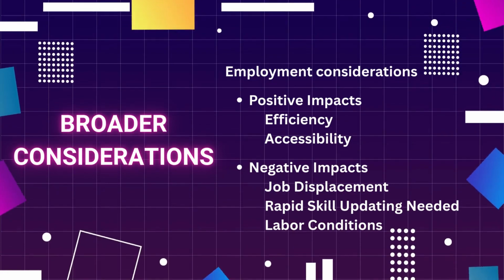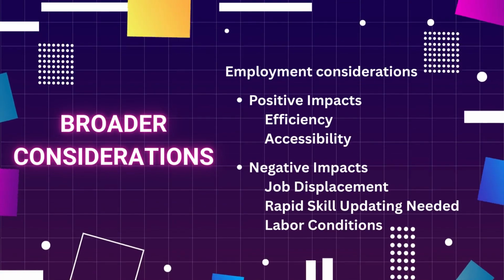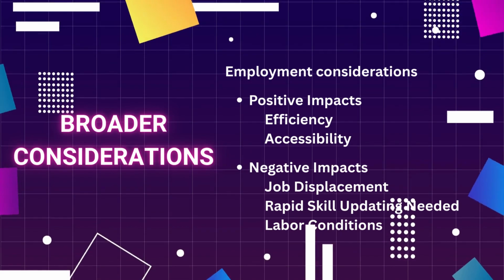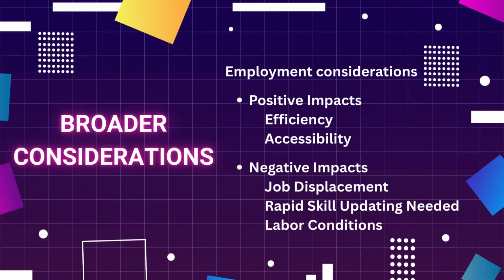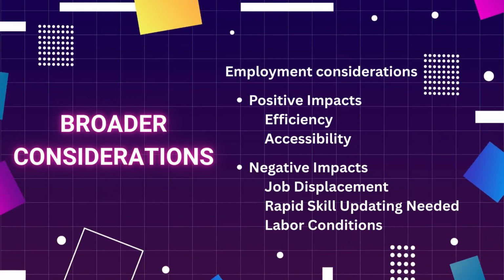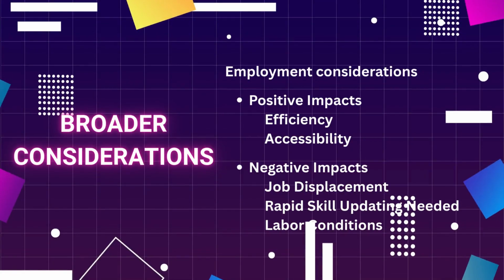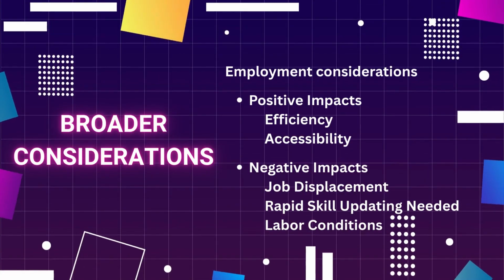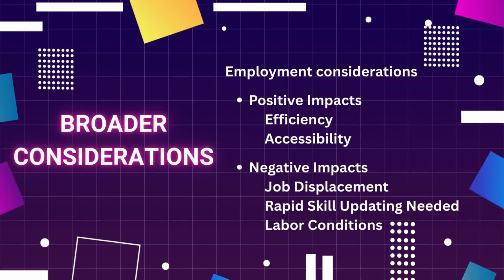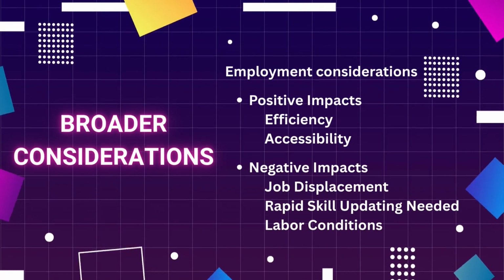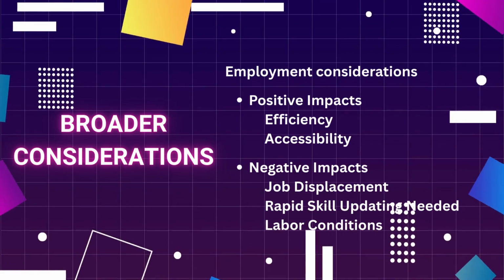Then we have some negative or challenging impacts to consider, which include job displacement, because some of those tasks may be automated and companies may reduce administrative roles or other roles that AI tools can now handle, like scheduling or data entry. Then there's the shifting of what skills are needed, which includes retraining employees faster than would be considered normal because of how fast AI is progressing.